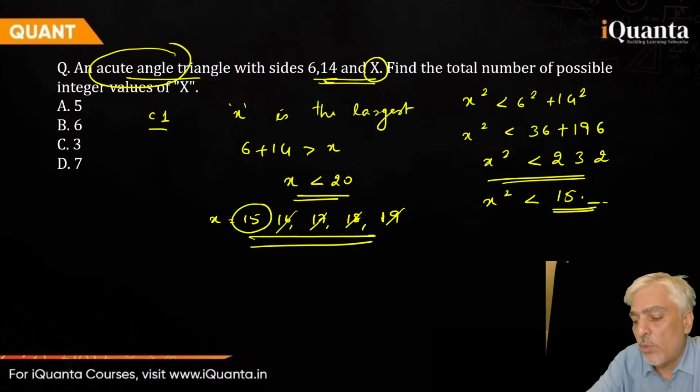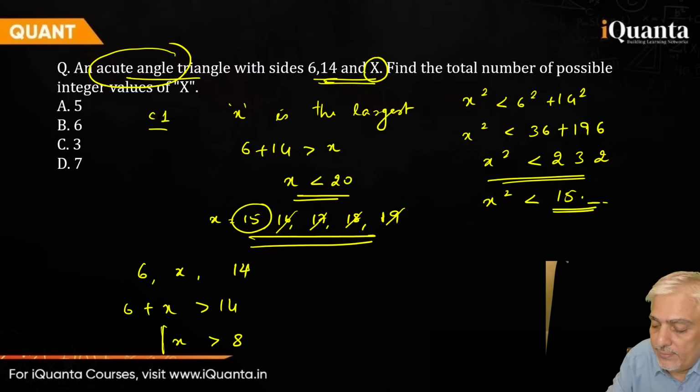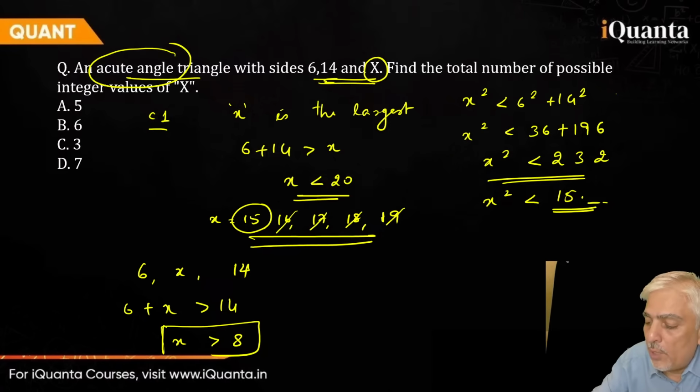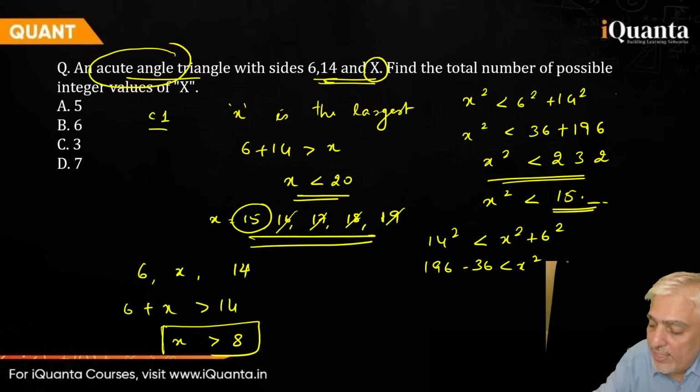Next, after that what? X can be less than 14. So 6 plus x has to be greater than 14. X has to be greater than 8. And also similar property for squares we'll have to take. 14 square has to be less than x square plus 6 square. 196 minus 36 is less than x square.